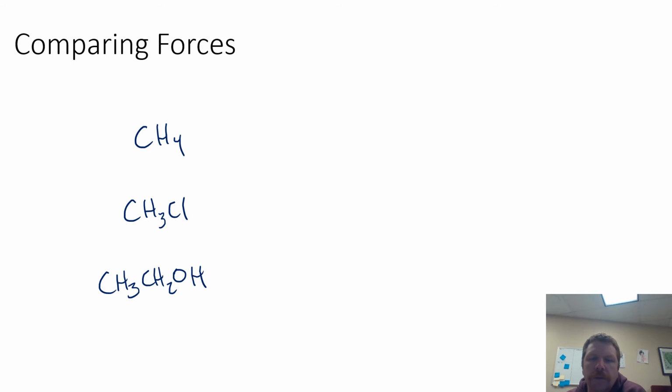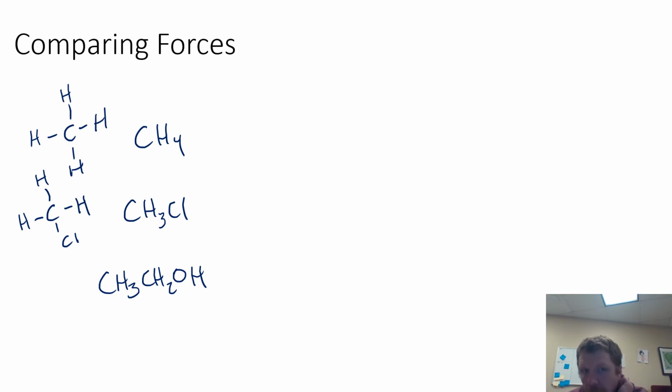If we look at the structure of them, let's consider the types of interactions that can take place between them. And not between, like, the CH3Cl and CH4, but instead if we have multiple copies of CH3Cl, and multiple copies of CH3CH2OH, so if we have lots of copies of each one of these, what types of interactions are going to be taking place between them?